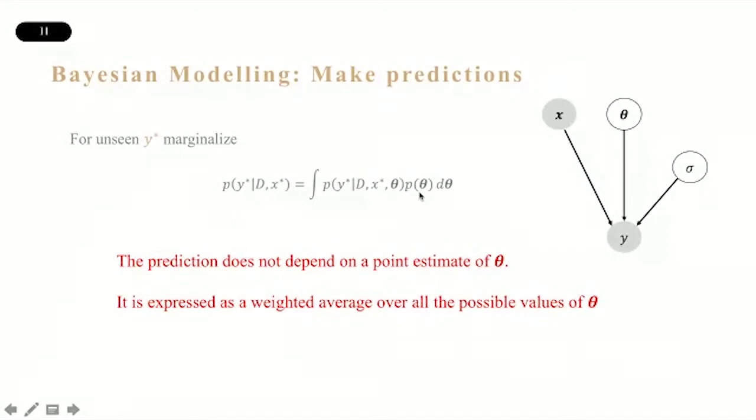So what I achieve is that my prediction is actually a weighted average over all the possible values of theta. I don't care about a specific point estimate of theta, but I consider a distribution over theta, and by doing so, I consider infinitely many values of theta. And I take the weighted average using these infinite values for the prediction I want to make.